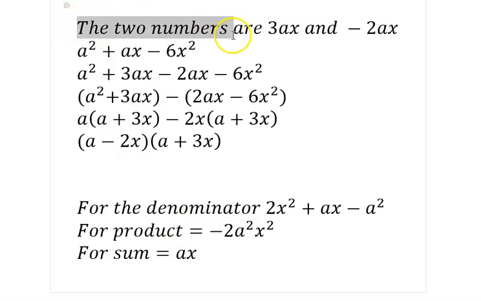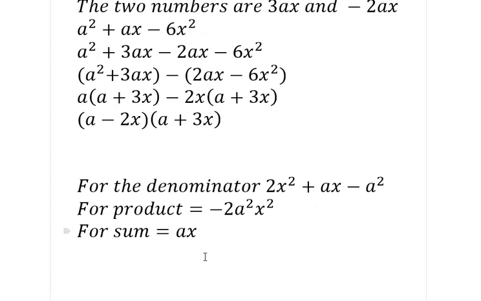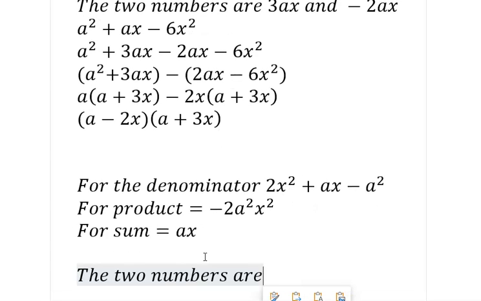The two numbers are... because looking at this product, numbers that can give you product when you times them is just 1 and 2. 2 times 1 will give you 2. That means we'll be working around that. So you can say 2ax and minus ax. Let's try it.